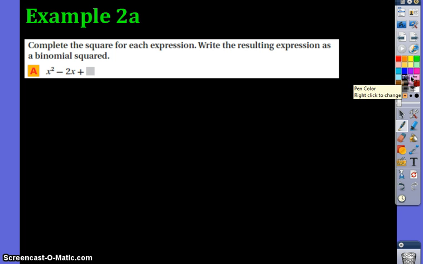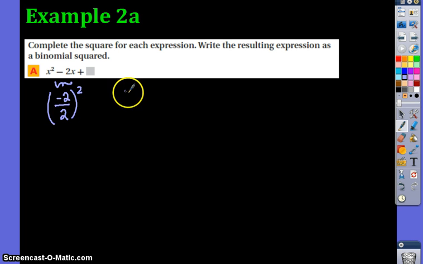All right, so remember, our first step is to figure out what half of our b term is, so -2 divided by 2, and then we want to square it. -2 divided by 2 is -1. -1 squared is +1. So our perfect square trinomial that we would write is x squared minus 2x plus 1. That equals 1 over here, just to be clear.